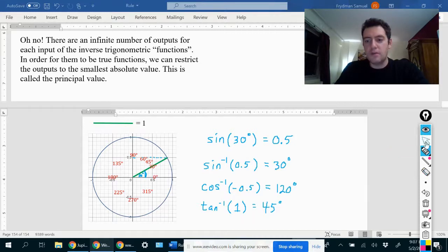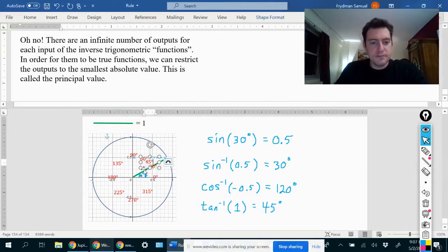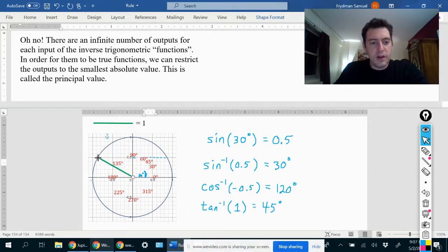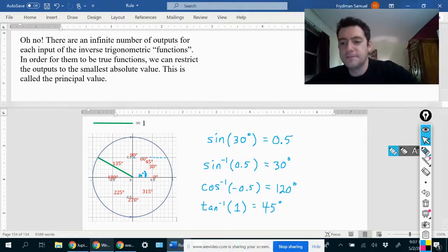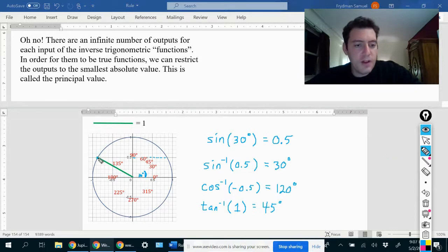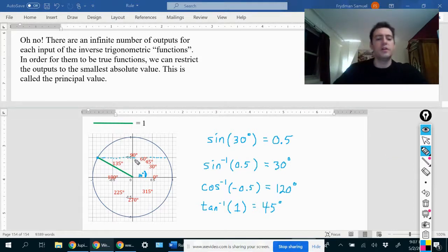Okay, so we could take this and move it around until we got over here. And then the y value of this point is also 0.5.